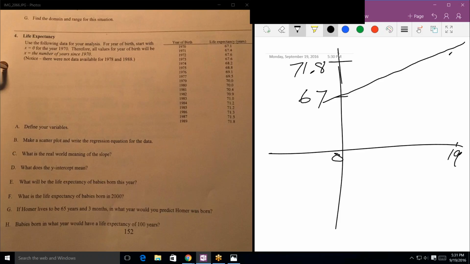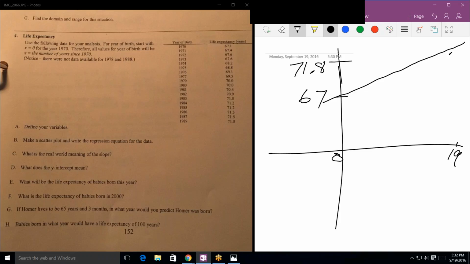So you know how to make the scatter plot? And then figure out the regression equation from the scatter plot? The real world meaning of slope would be years of life expectancy beyond 67 divided by years since 1970.